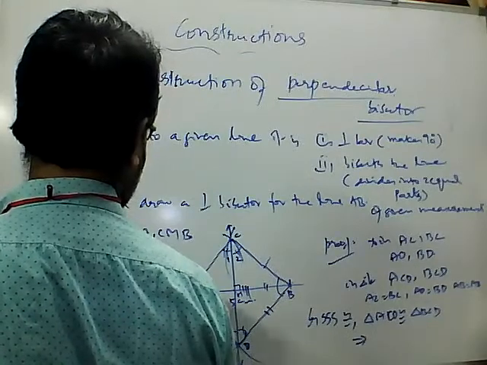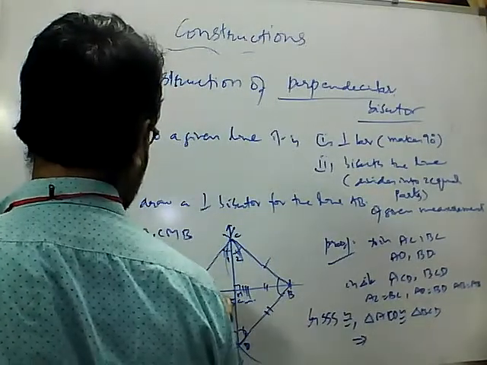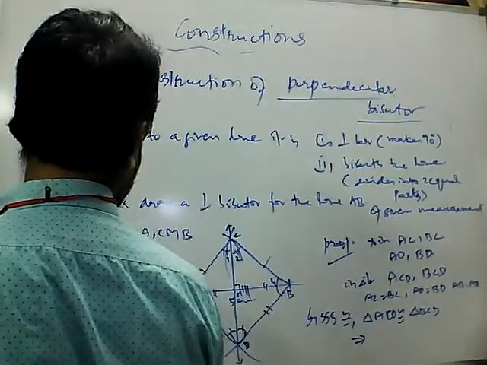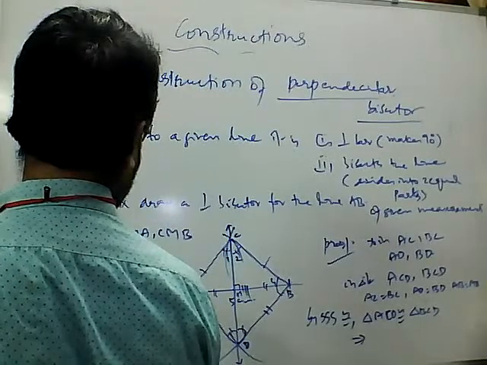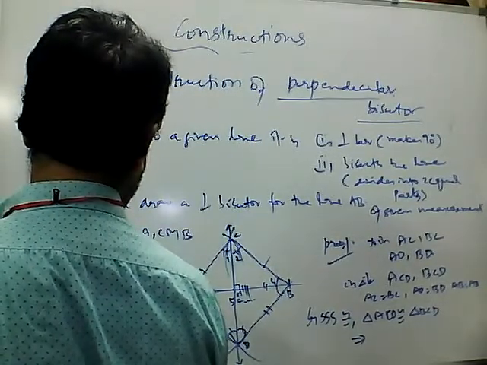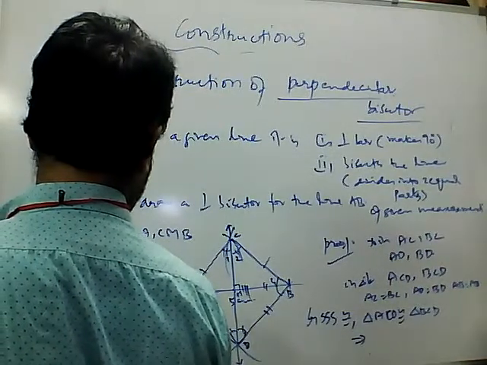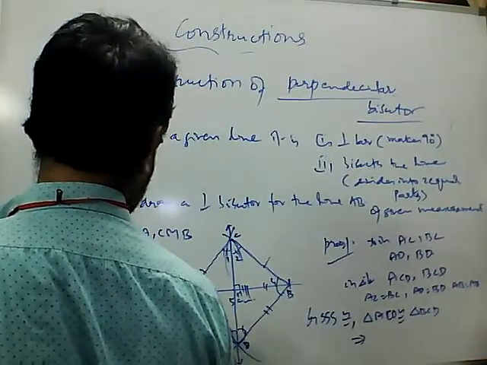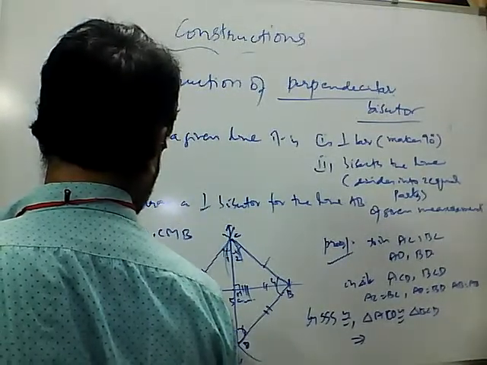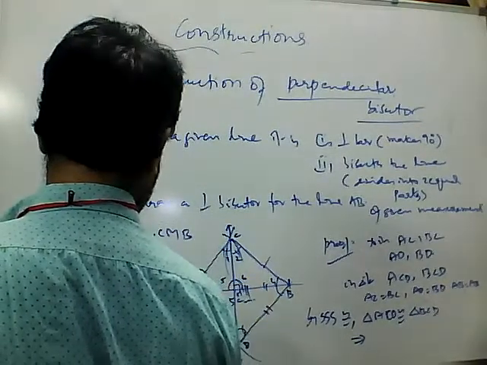And what about this angle? This is half. So these two are again congruent triangles now. So angle 3 is equal to angle 4. Therefore, by ASA congruency, triangle CMA is congruent to triangle CMB. Therefore, AM is equal to BM and angle 5 is equal to angle 6.